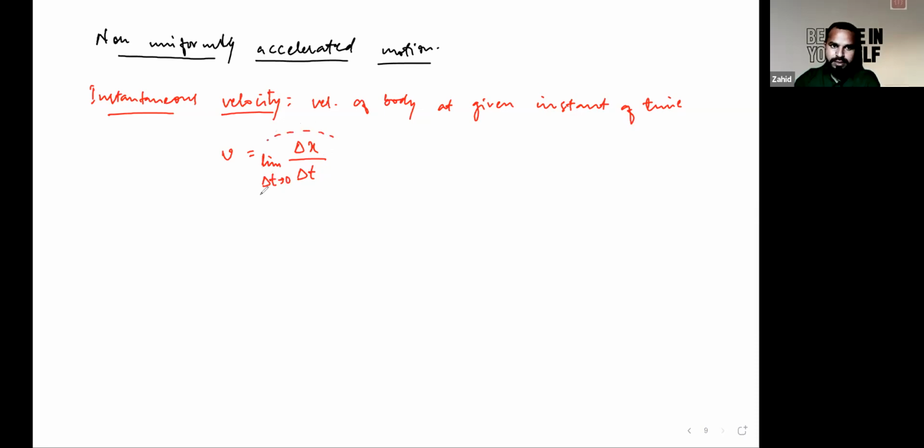In mathematics, this whole term is nothing but differentiation, so it will be the differentiation of x with respect to time. This velocity at a given instant of time is termed as instantaneous velocity.